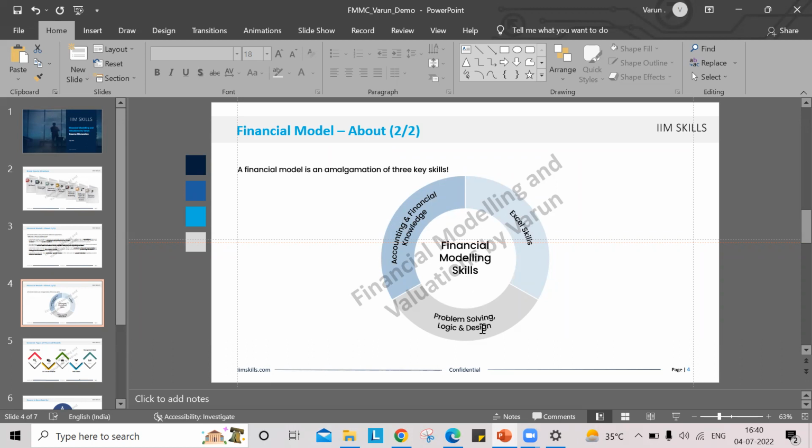But what would distinguish a financial model from a different one would be the designing of that, the logic. So what exactly is the intent of that model? Since we mentioned that there are different types of financial models, there would be different designs for that, and different analytical angles would be required.